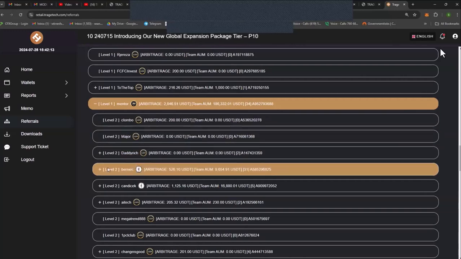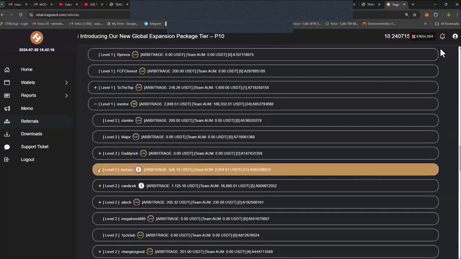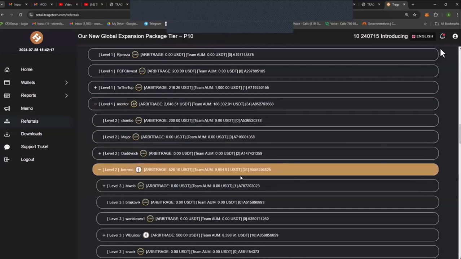Here's a guy that is on my second level, but he's brought 31 people on my third level. So I got 45 on my first, a total of 57 people on my second, and I got 31 on my third level.